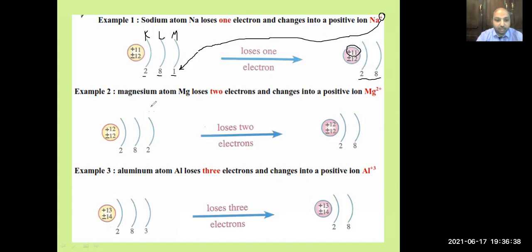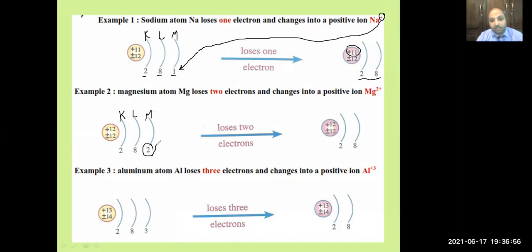Let's see another example, magnesium atom. Here is the electron configuration of the magnesium atom, K, L, M. The outermost energy level contains 2 electrons.